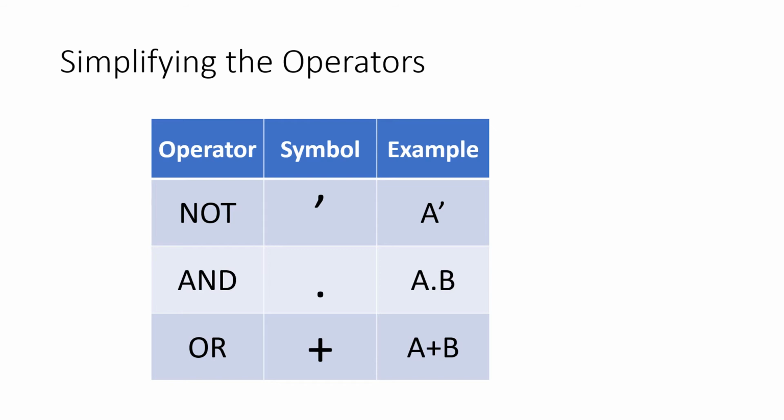They just put AB. It's like in maths. If you put AB, you know it's A times B. But in logic, Boolean functions, it's A and B. Okay? And then the or is a plus. So A plus B is not addition. It's A or B. Okay? So please remember those.